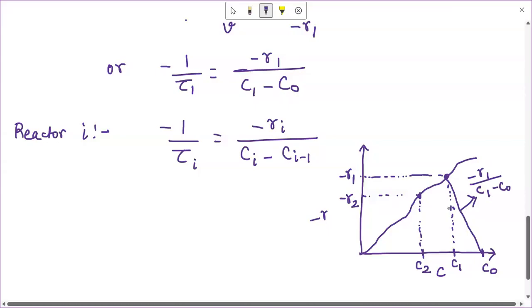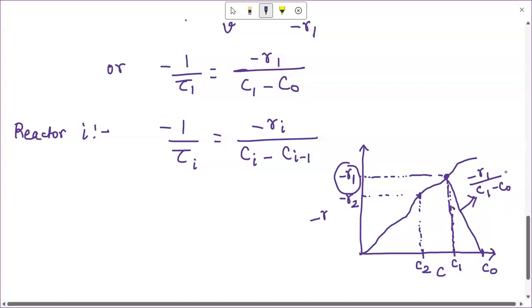How is that happening? Because if you see, this forms a right angle triangle, right? So this line is essentially the hypotenuse, and this is the perpendicular, and this is the base. So the perpendicular is obviously minus R1 magnitude, and the base is C1 minus C0. So we can easily write this.